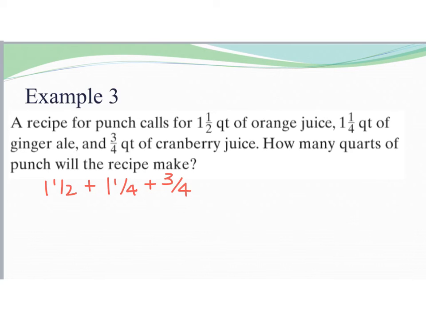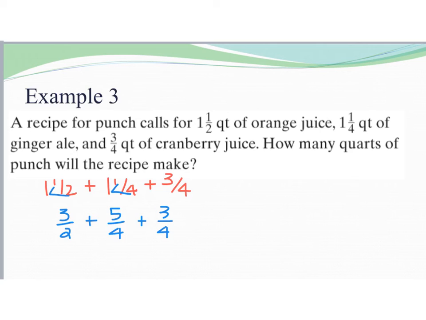So again, we'll go ahead and start out by making our mixed numbers improper fractions. 2 times 1 is 2 plus 1 gives me 3/2, plus 4 times 1 is 4 plus 1, which is 5/4, and then I'm just going to add that final 3/4.